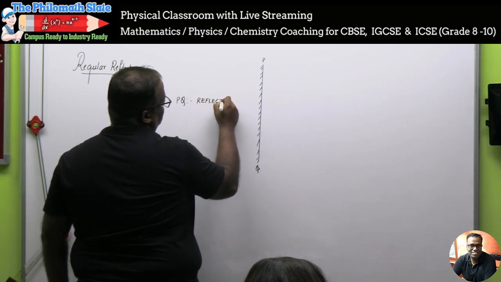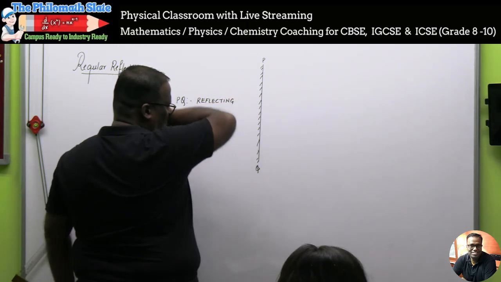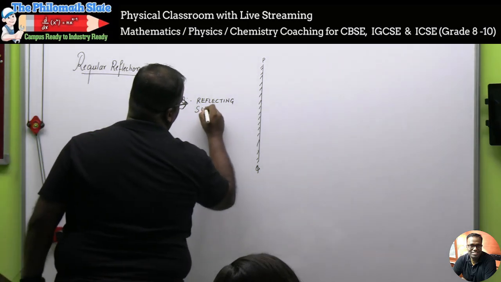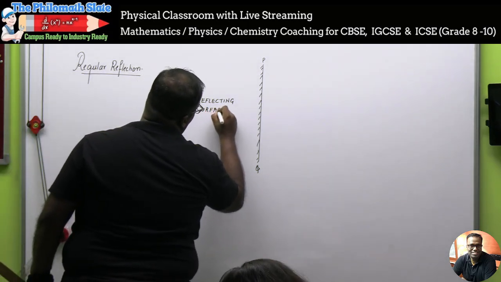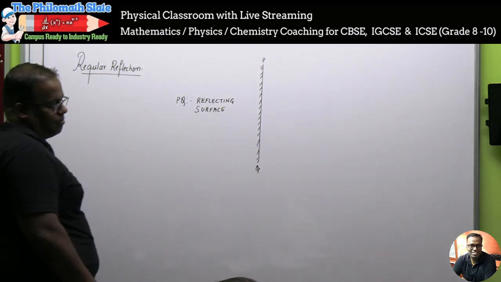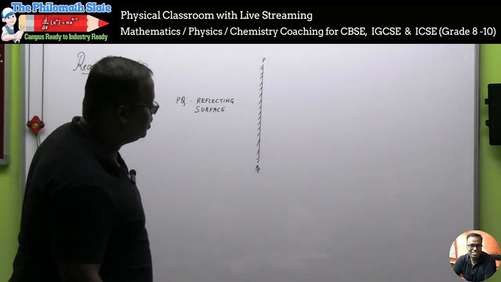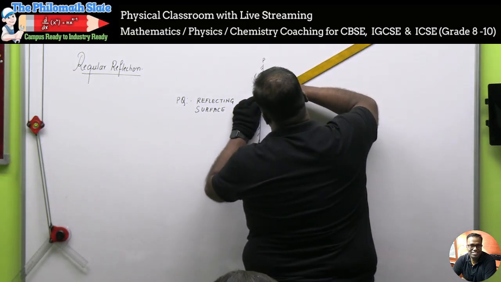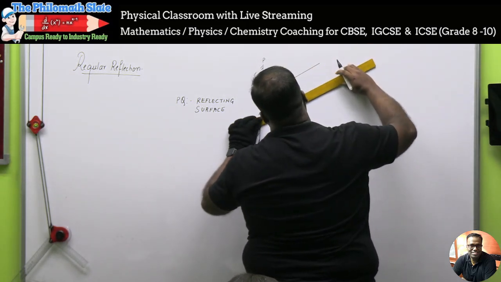I am avoiding using the word plane mirror, I am just using reflecting surface. But can this be a plane mirror? Oh yes, definitely. Right? And I make some parallel incident rays on it.